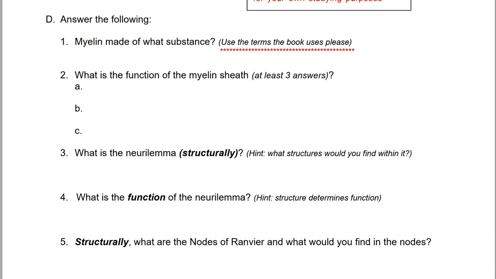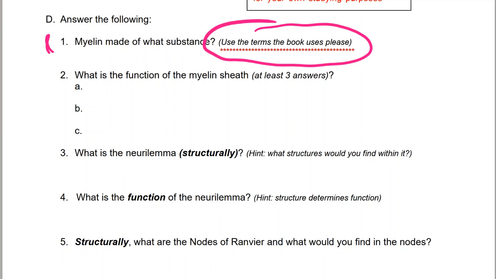So the next is understanding some of the architecture of a peripheral nerve. It's going to ask you what myelin is made out of. There's a specific term that the book uses, and I want you to know what that is. Your lecture notes are also very helpful about all of this, so take a look at those first 5 pages. What is the function of the myelin sheath?